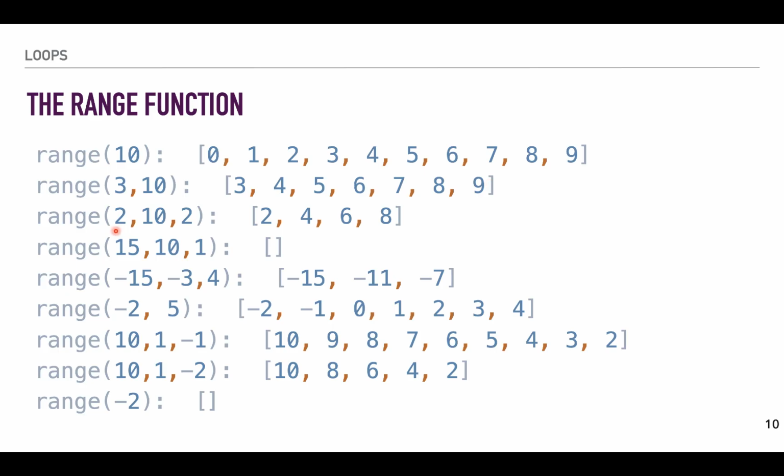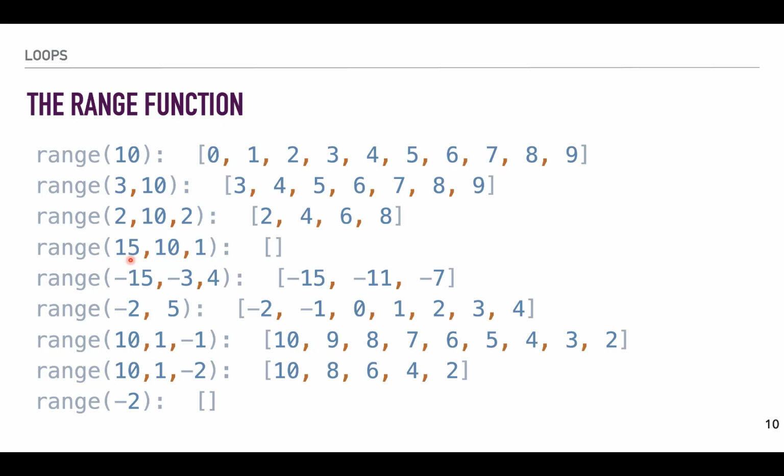Next, we have a sequence that starts at 2 and ends at 10 minus 1 with an increment of 2. So we get 2, 4, 6, 8, because the next number would have been 10, but 10 is not included, so we get the last number as 8.